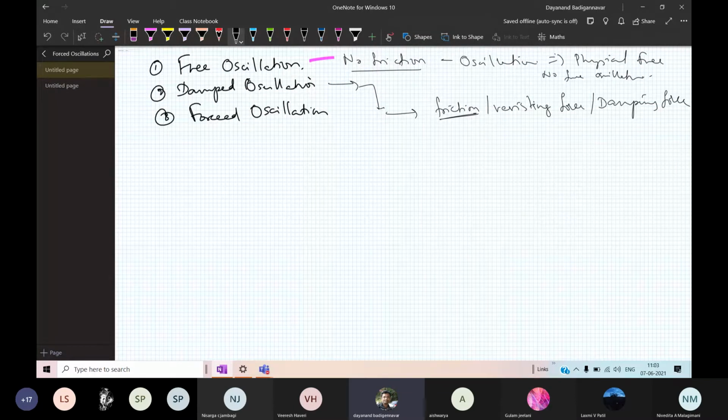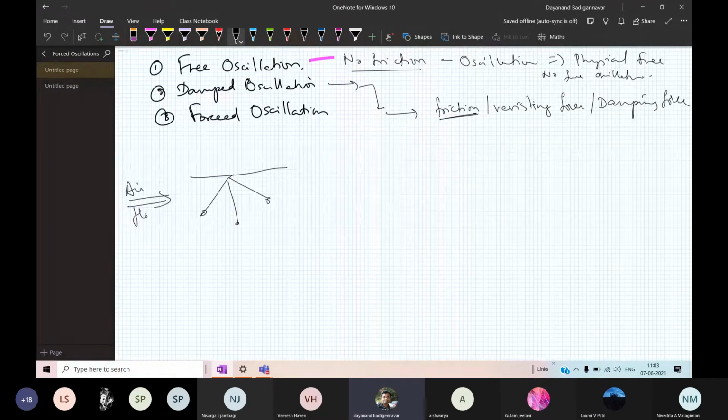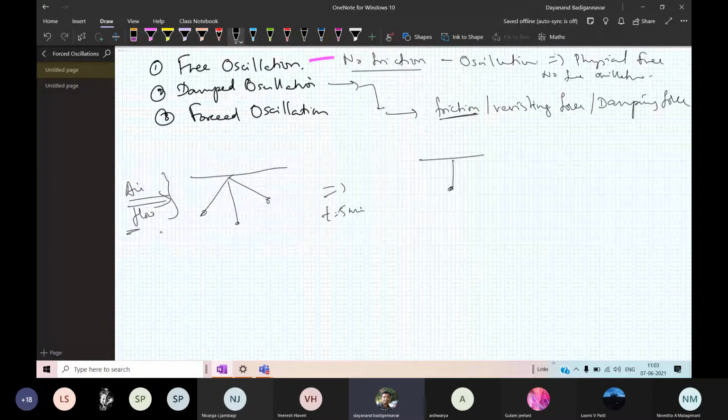Take a simple pendulum in the lab: you have some airflow, which is a damper. The airflow resists the motion, and after say 5 minutes it is going to halt at equilibrium and die off. That is called damped oscillations.